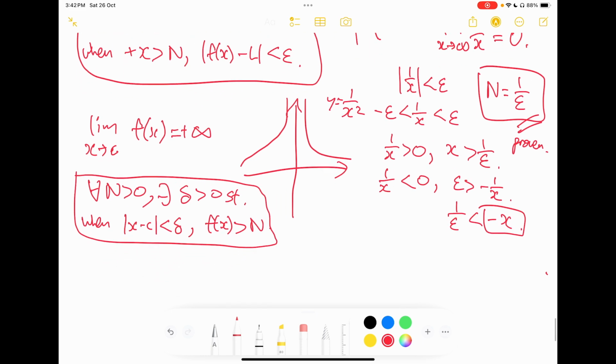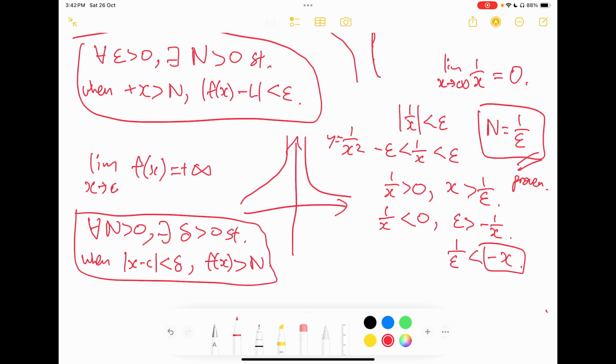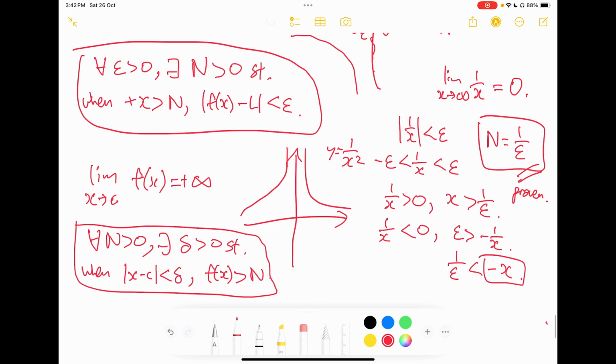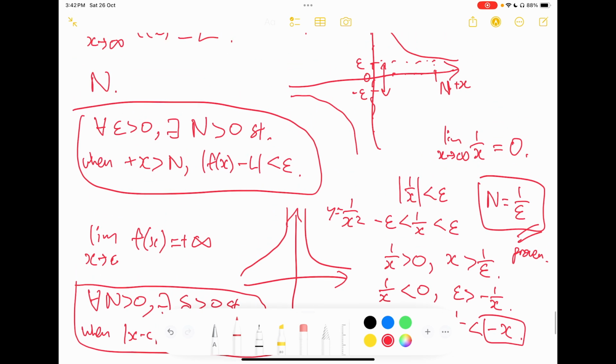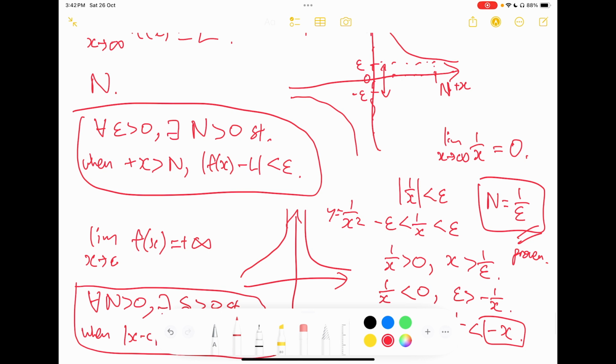So it's like the same thing as the one above, but slightly different. And for the one above, you can use a similar definition for negative infinity. But instead of positive f(x) being greater than n, you can have a negative f(x) being less than n, for some really large negative number.